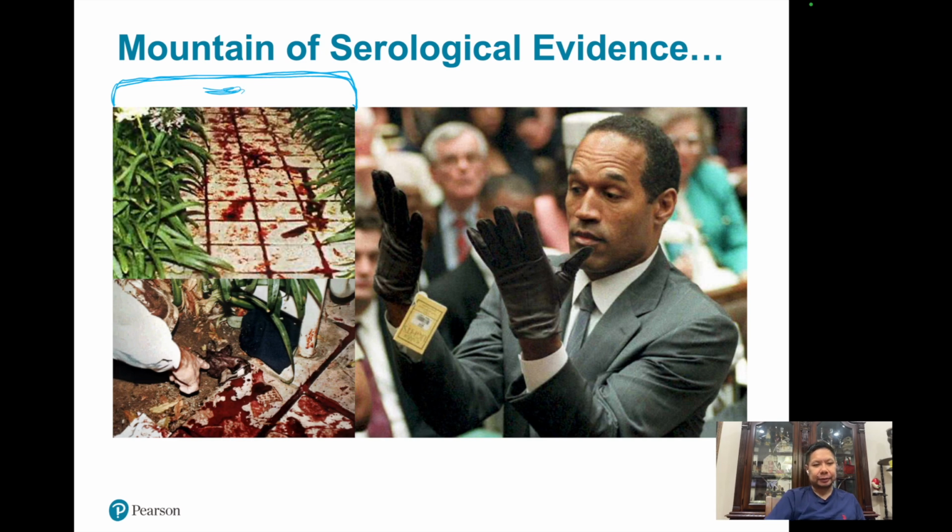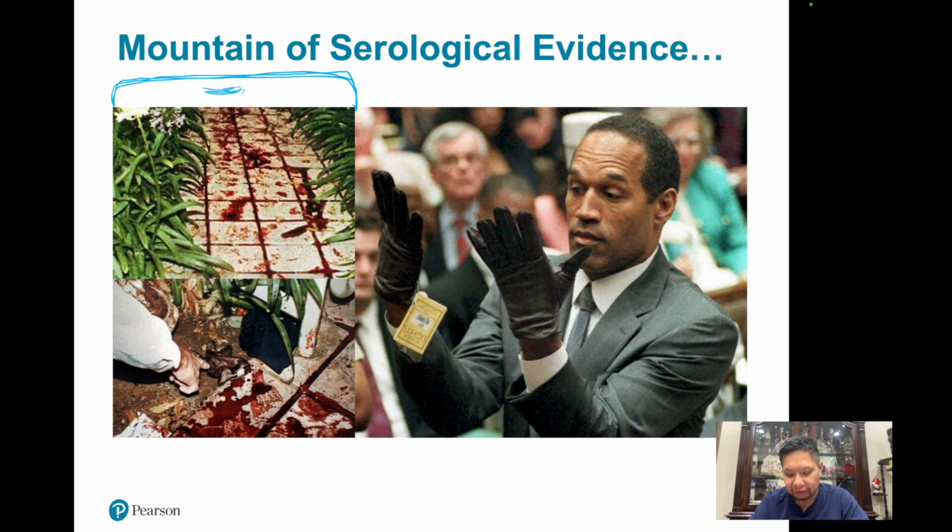And so you could see it in the picture, but I cropped it because I just wanted you to see the blood evidence. But there was tons of blood evidence. Most of the evidence actually pointed to O.J. Simpson, but because of bad evidence collecting, bad cataloging, bad testing, bad chain of custody, bad contamination, all kinds of stuff, the evidence was not viable, and so he was acquitted.